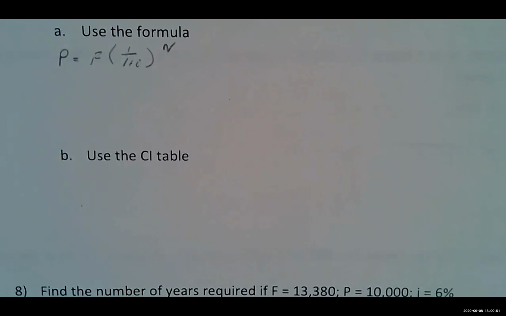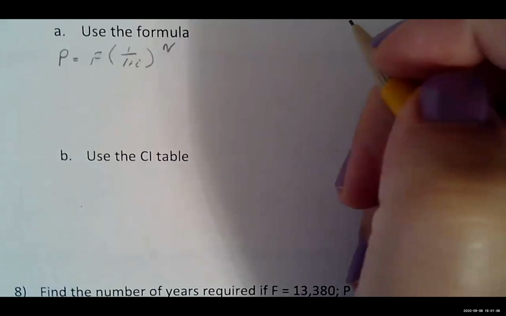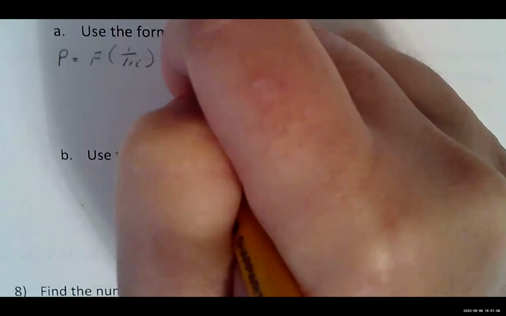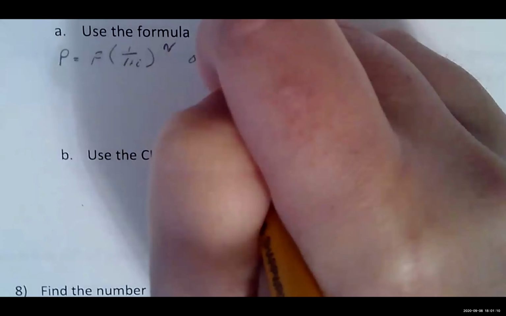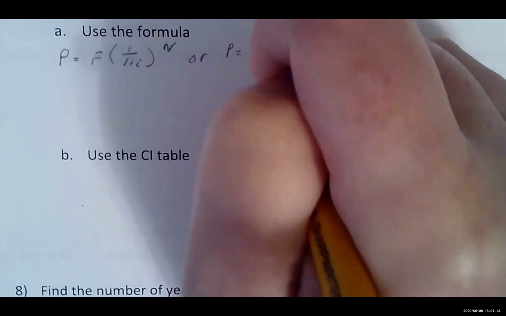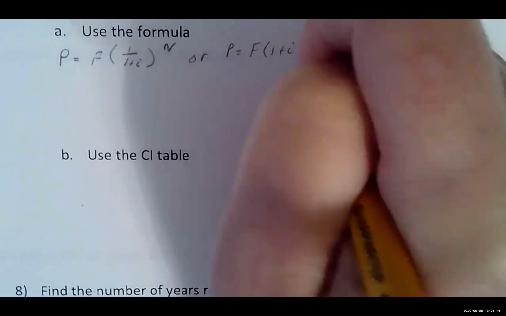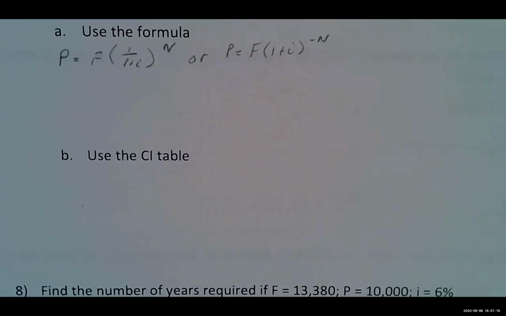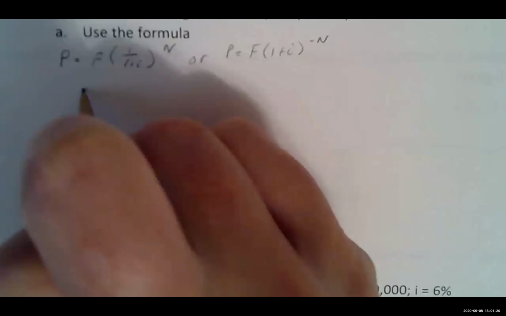So instead of P times 1 plus I to the n, we've got F times 1 over. We can also say that P is equal to F times 1 plus I to the negative n, because mathematically that is equivalent.